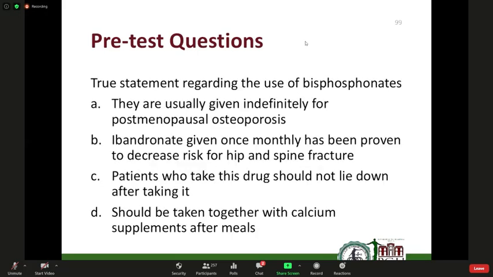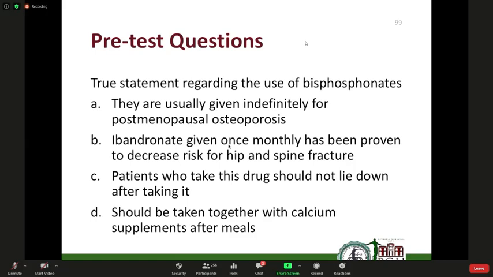Okay. Sige, so just read out the question and then think about which is the best answer, which is true regarding bisphosphonates. They're given indefinitely. Ibandronic acid. So hindi ko masyado kasing dinetail yung mga bisphosphonates, no? But ibandronic acid is unique because it can be given once a month.